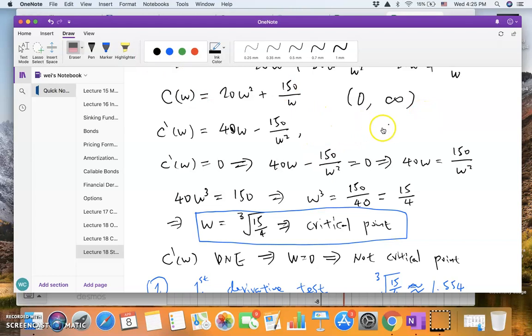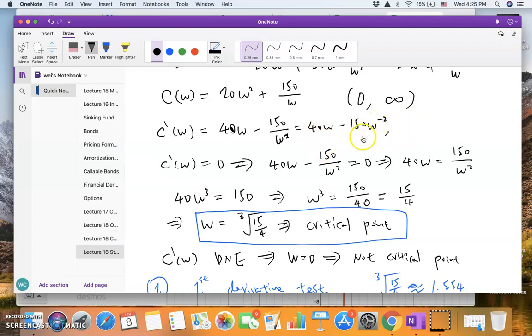Let me first rewrite the function into this form.